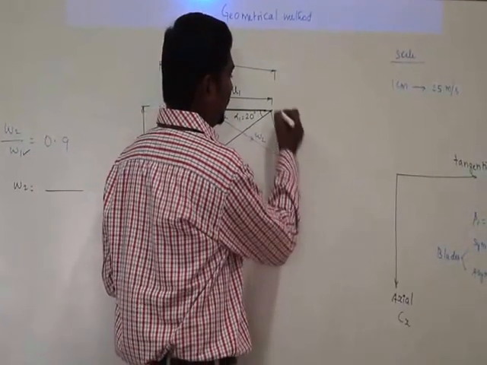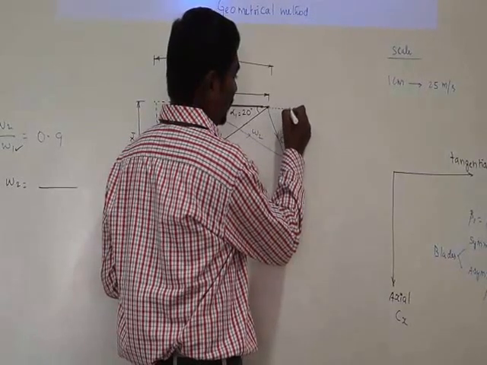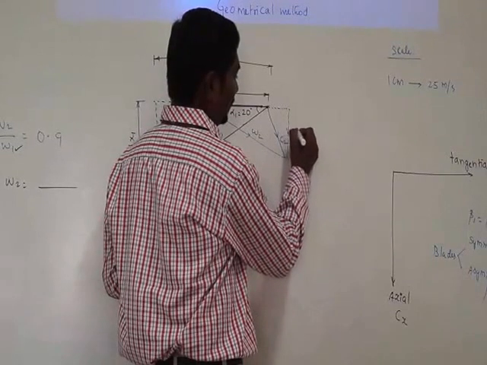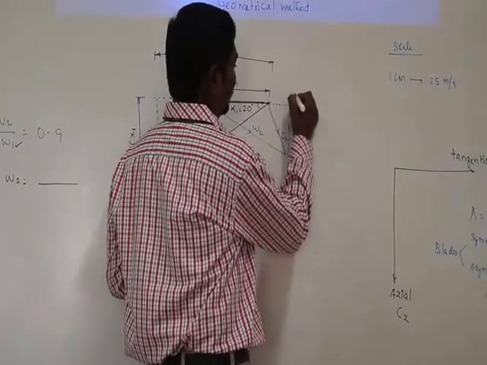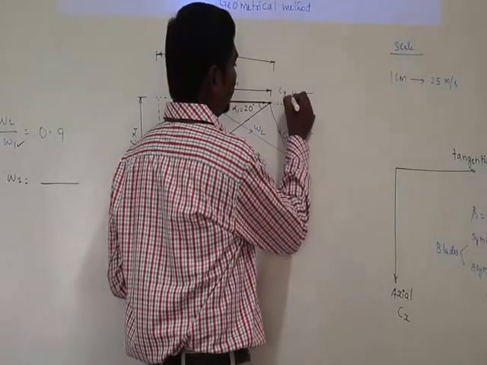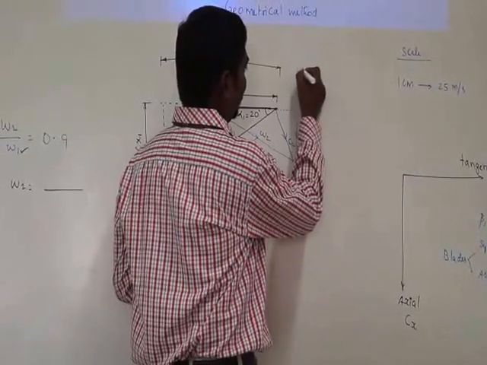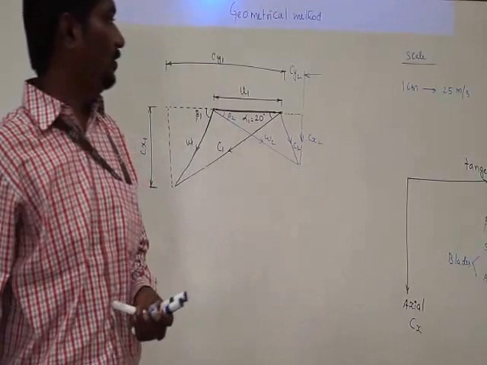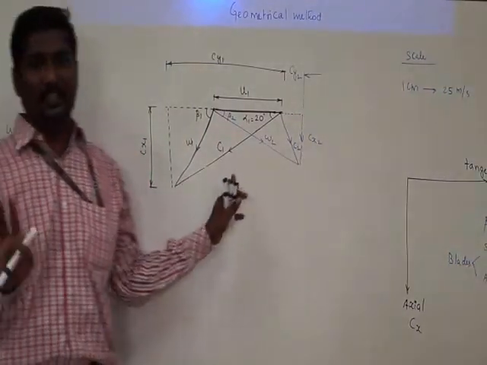So resolve this C2 both horizontally and vertically. Resolve vertically, then this is Cx2. Resolve horizontally, then this is Cy2. For clarity, yes, C1 is here. So C2. So this completes the velocity triangle for the first stage.